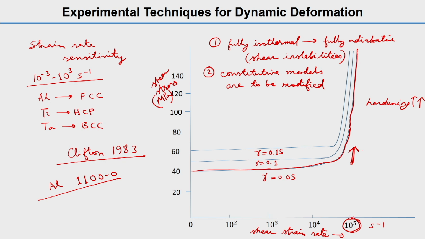That has a limiting strain rate. If you see, this has a limiting strain rate at which the strength of the material becomes infinity. So at that 10 to the power 5, strength becomes infinity. So we need to know whether a limiting strain rate is available, and then how the plastic deformation mechanisms decide that limiting strain rate.